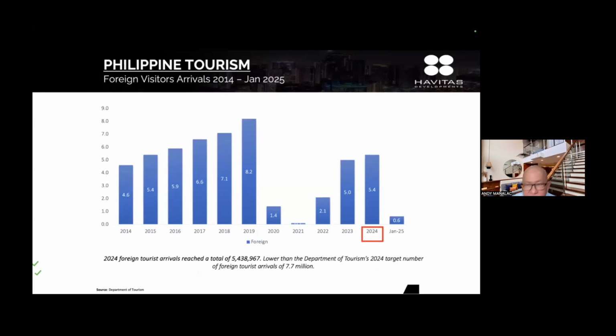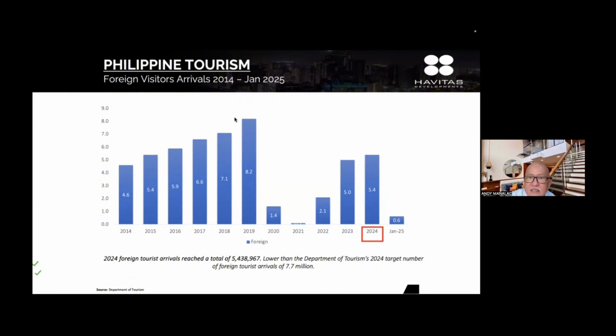Now, very, very exciting is tourism. Tourism has been growing. Okay, so no, we did not hit our target. We were targeting 8 million last year, but we did not hit it. I think we hit only about 5.6, 5.4, which is true. We were targeting 9 million pre-pandemic.